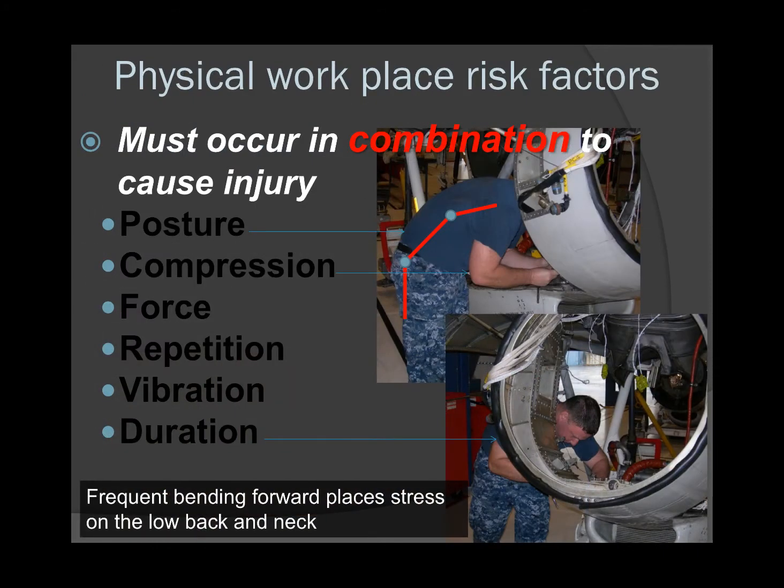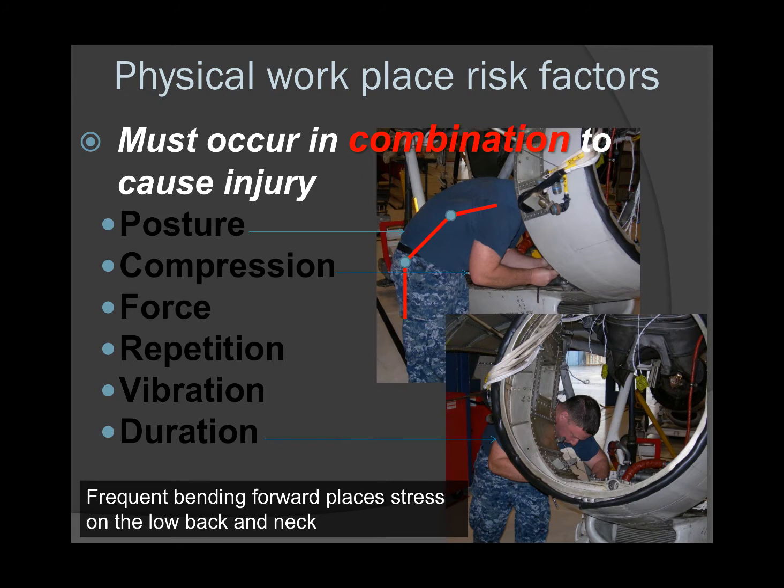Ergonomics seeks to prevent these work-related musculoskeletal disorders by evaluating and taking control of our physical workplace risk factors. Our physical workplace risk factors are posture, compression, force, repetition, vibration, and then because it's the dose that makes the poison, the last physical workplace risk factor is duration.